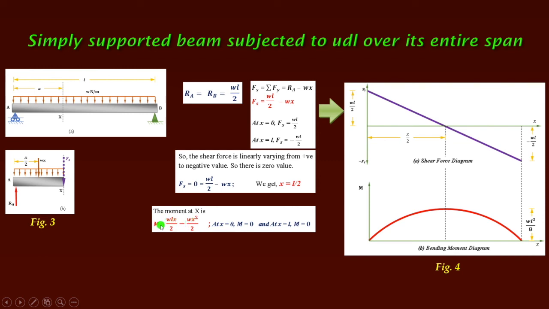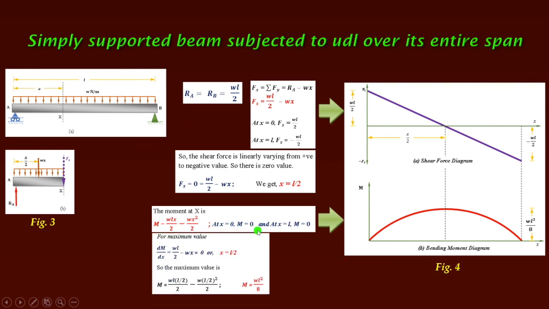So finally, our equation is M equals to omega Lx by 2 minus omega x square by 2. Now apply the boundary condition. At x equals to 0, substitute the value, you are getting moment equals to 0. Again, at x equals to L, you are getting moment equals to again 0. So moment is 0 to 0 and from this equation it is clear that it's a curve like a parabola.